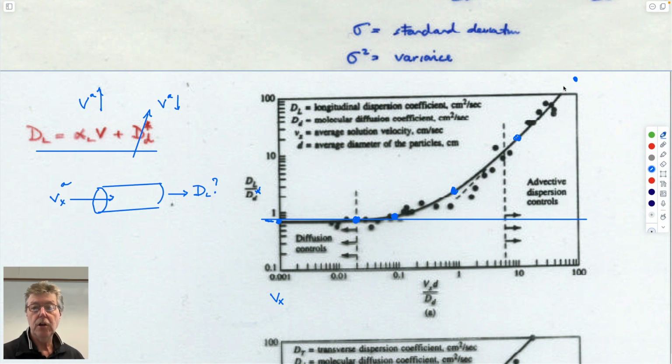So I guess on a log-log plot, you'd expect this gradient to be 1-to-1. And that's indeed what you get. So in other words, if you didn't know anything about what you thought this spreading of the dye would look like, you could do some experiments where you'd measure how spread out that dye was when it arrived at the end.